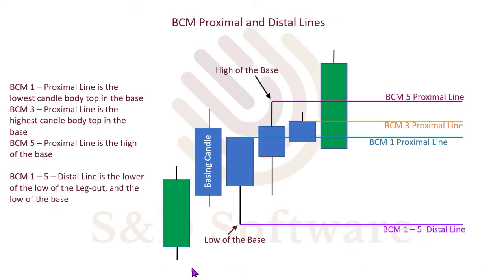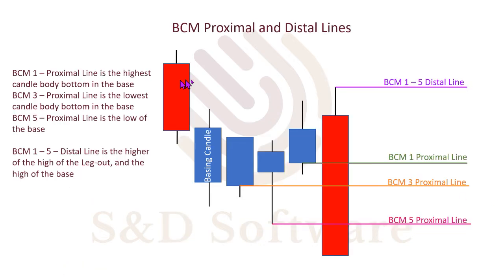This slide shows you a rally base rally with the same lines drawn. Again, you can see that you would have BCM 5 being your widest band creation method. This shows you how the methods are drawn on a drop base drop with your distal line here, and then your proximal lines for the different band creation methods.